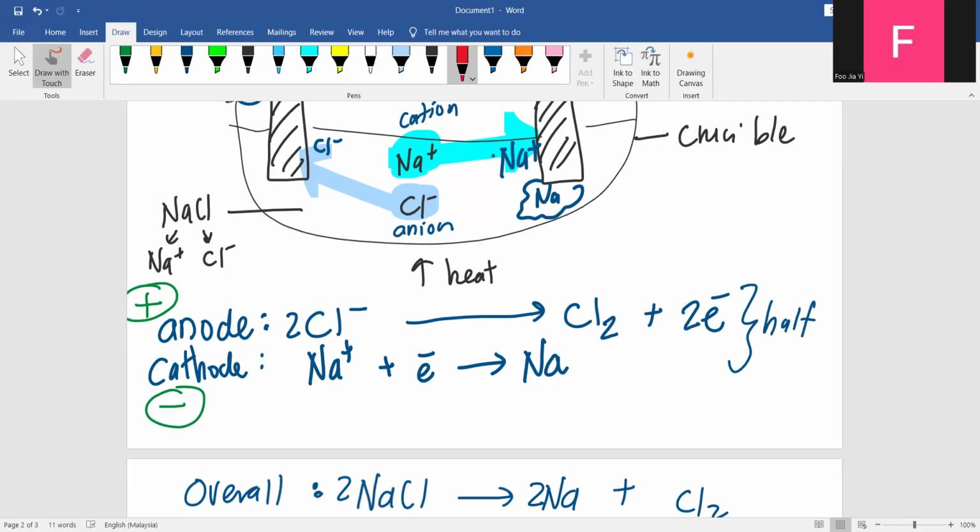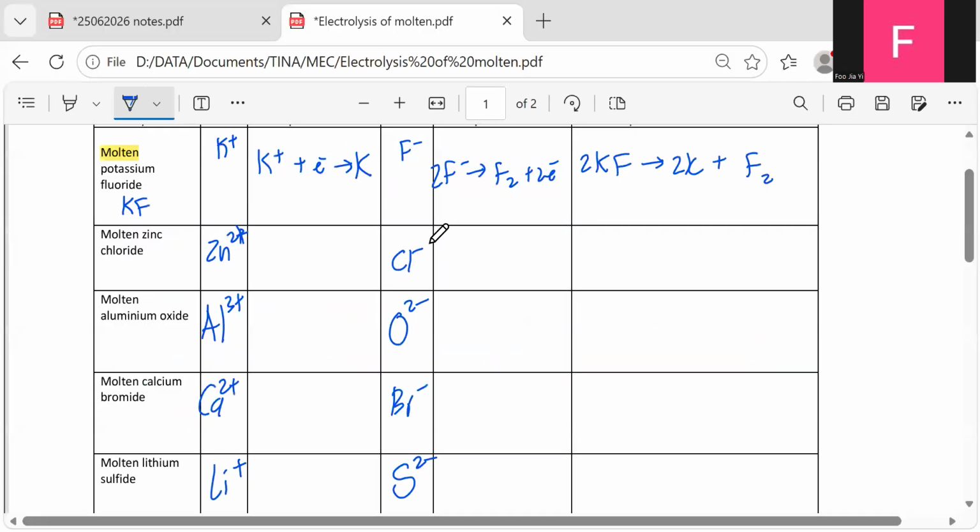Cl minus. Chloride, Cl negative. When you want to write an equation, you double it to balance it because Cl must exist as Cl2. So it releases two electrons. That's why I put two here, to balance it.